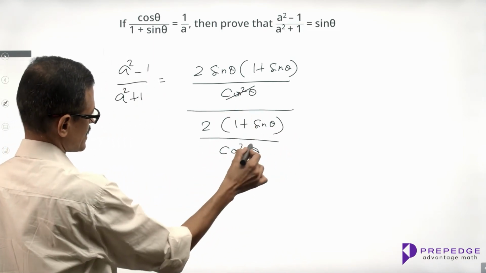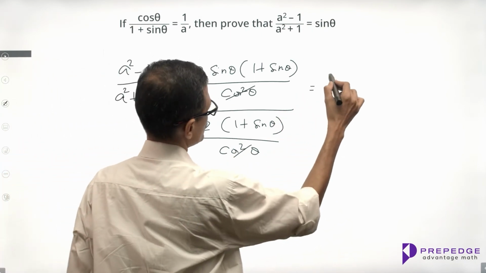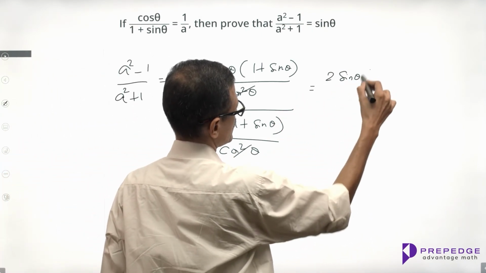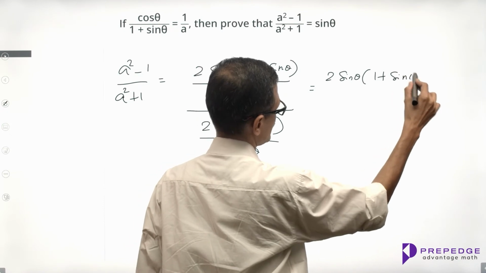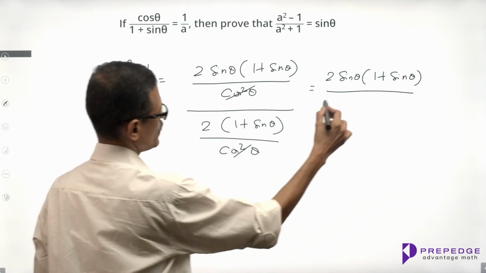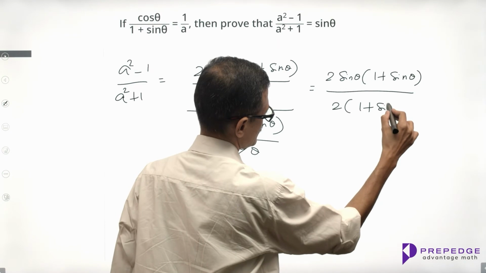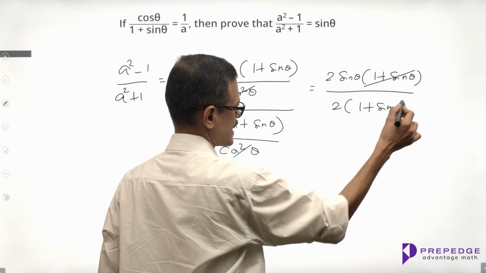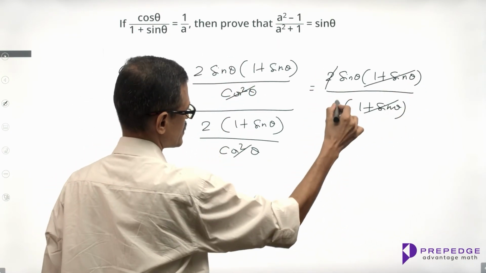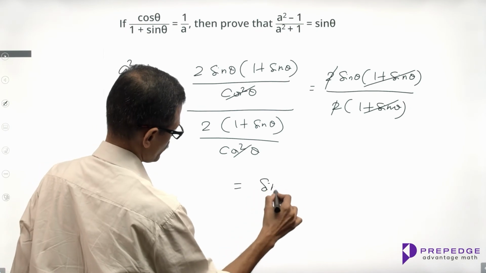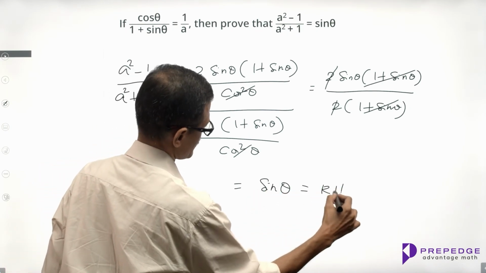Cos square theta gets cancelled with cos square theta. So we'll be left with 2 sin theta into 1 plus sin theta divided by 2 into 1 plus sin theta. 1 plus sin theta gets cancelled with 1 plus sin theta. 2 gets cancelled with 2. So what we are left with is equal to sin theta, which is what our RHS is.